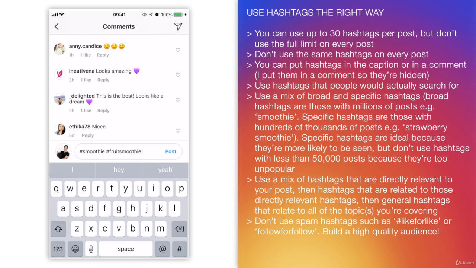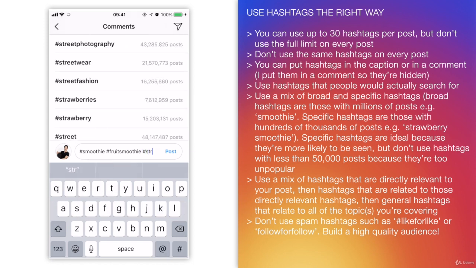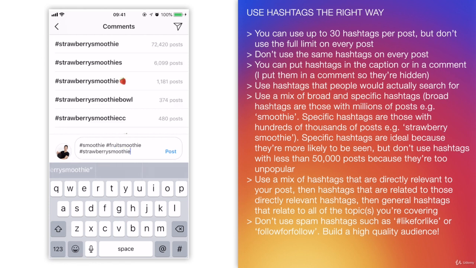Over 50,000 is enough where it's not so underused that it's bare and empty, but it's enough that people are regularly posting on there, and people are most likely checking those posts out, but it's not so many that your posts are going to get lost. So fruit smoothie is a great one. You can even do ones like, I think this will probably be too small, but strawberry smoothie, 72,000. Okay, so I would use that.